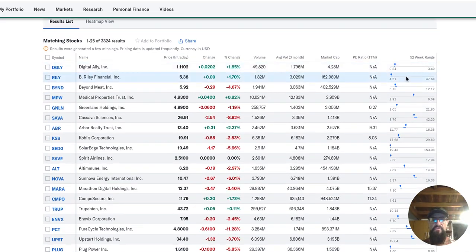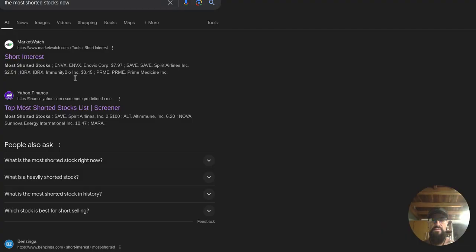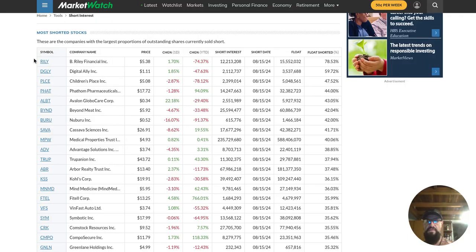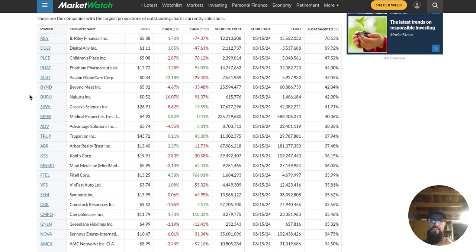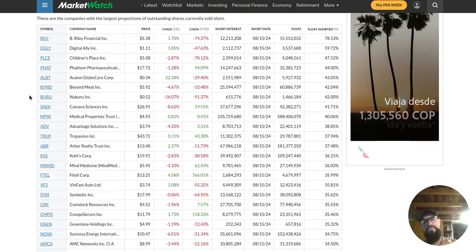I would stay away from these companies because they're heavily shorted. Okay, anything over 25% of the float shorted, I believe you're gonna get yourself in a bad spot, because there is not much inventory of those shares, and they are what's called hard to borrow stock.